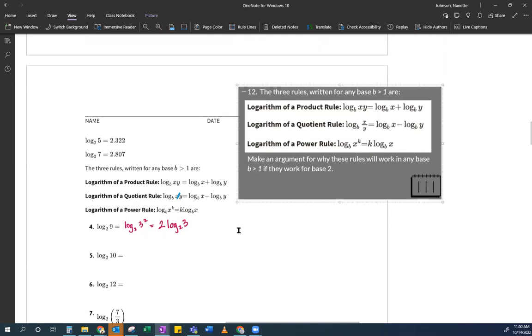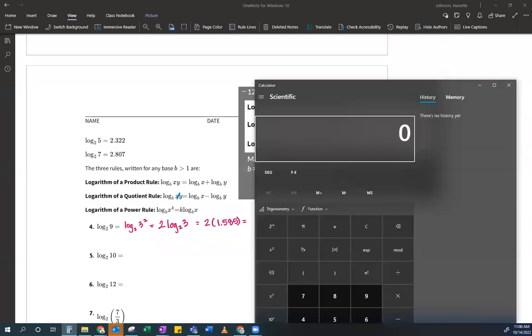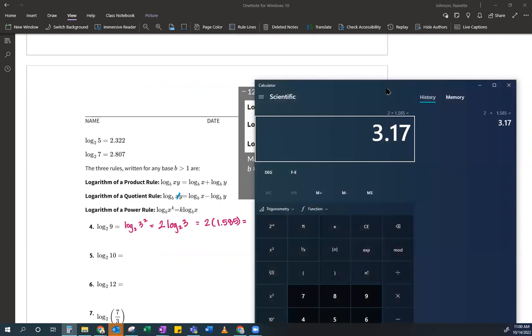So I'm just going to write this as 2 times 1.585. Now, I don't expect you to know that off the top of your head, so I'm going to multiply it over here in my calculator. So I say 2 times 1.585, that is 3.17. Okay, so my answer is 3.17.